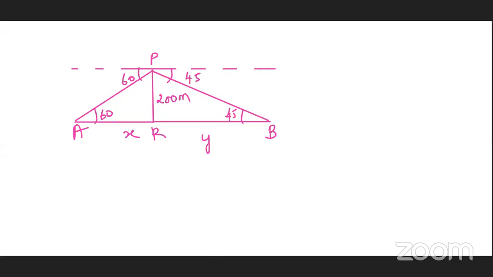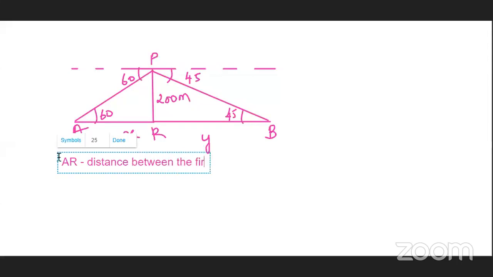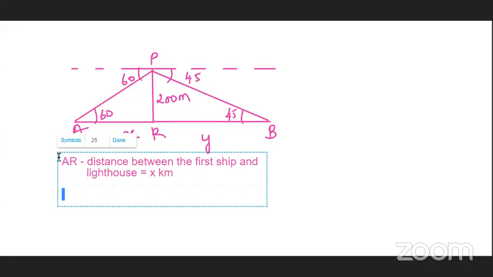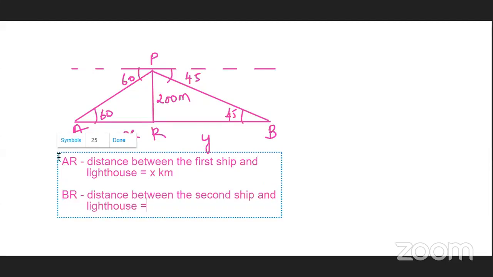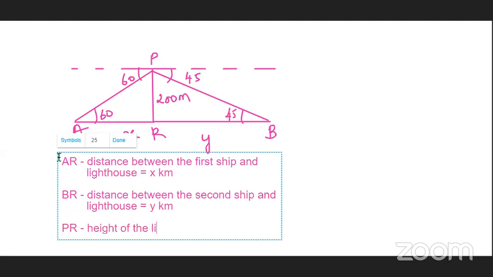Let's check who got the answer right. Let's label it: AR equals the distance between the first ship and the lighthouse, which is equal to X, and PR is equal to 200 meters.